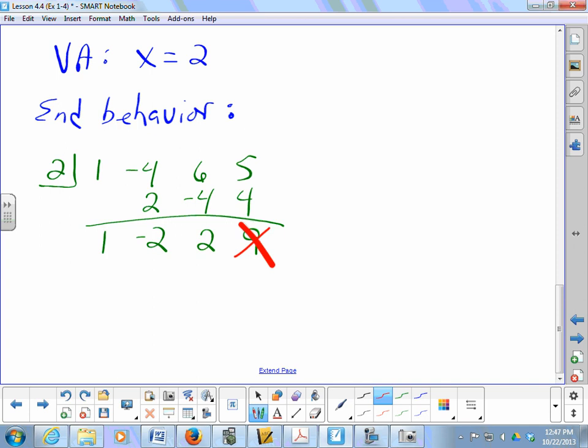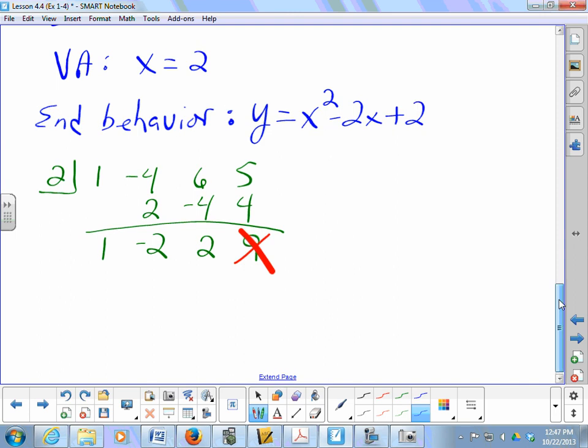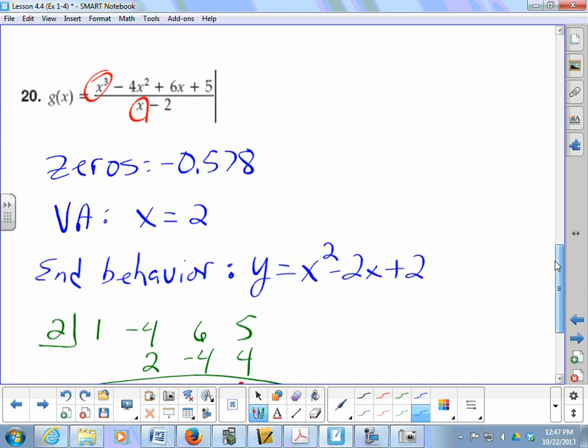So our end behavior is the curve y equals x squared minus 2x plus 2. It's a quadratic function. Now, that's not the behavior of it right at the y-axis. That's the behavior of it as we're moving away from the y-axis. All right, so graph the function.